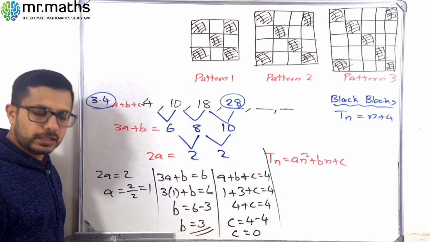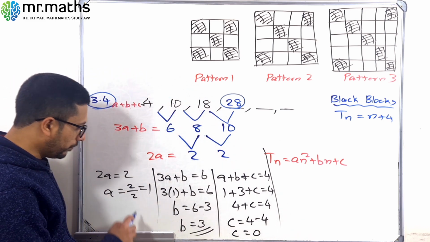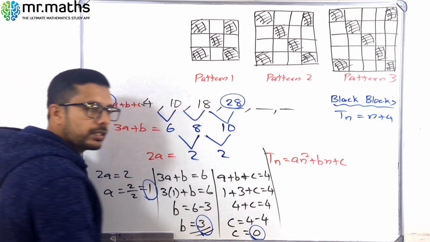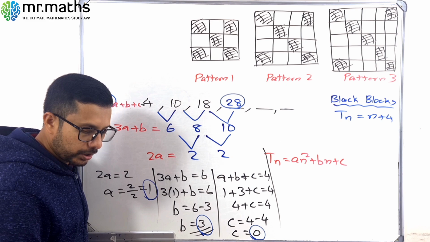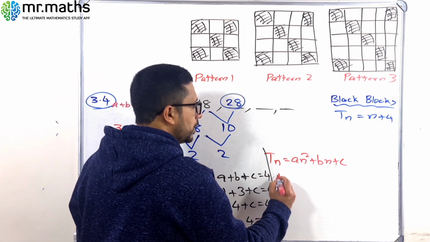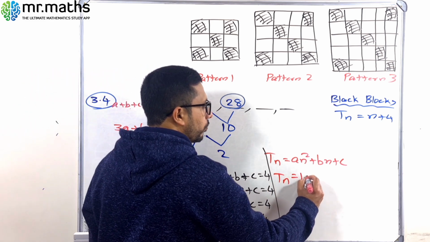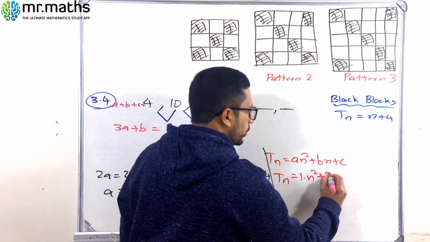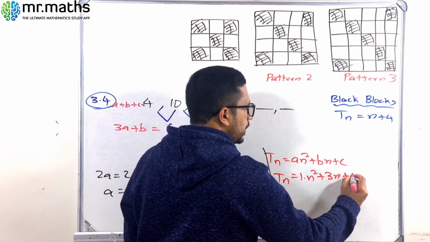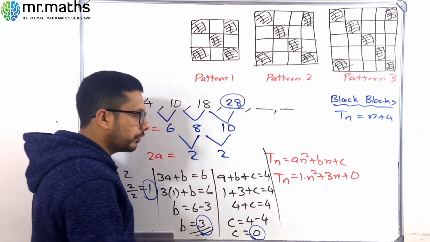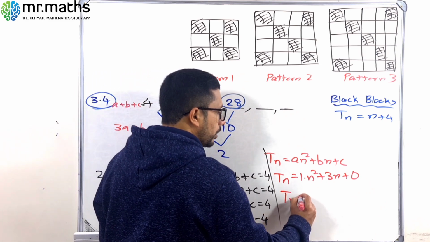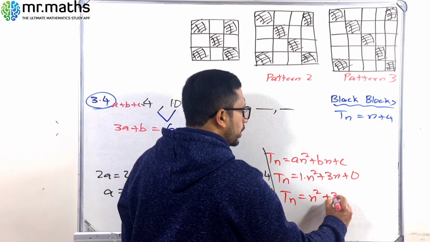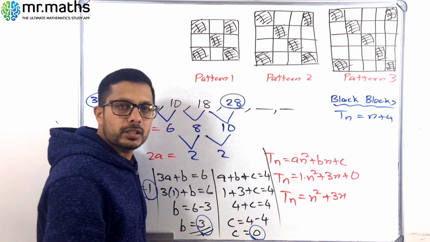So the value of c is 0. Now we got all the values: a is 1, b is 3 and c is 0. Substitute in the general equation. Tn is equal to 1 n square plus 3n plus 0. 1 n squared is the same as n square, plus 3n plus 0, which doesn't make any difference.